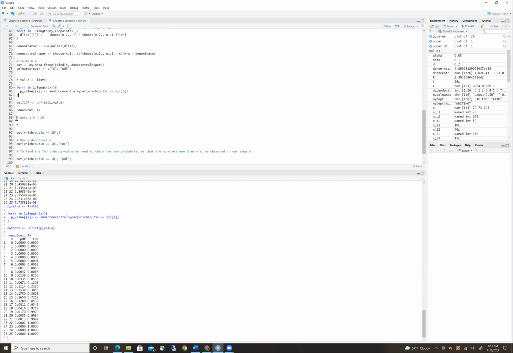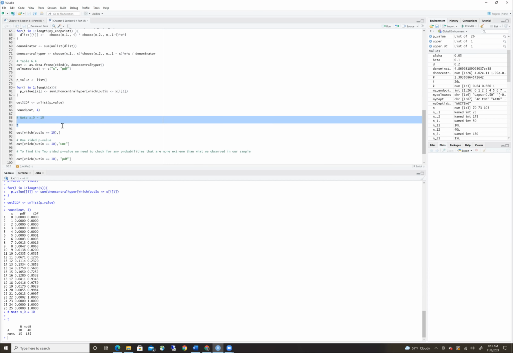Let's suppose that we have an observed frequency of 10. So we're asking ourselves, what happens if that one cell we observed was 10? What are the probabilities associated with that? Remember, let's look at T itself. In that first cell, we're saying we observed a value of 10.